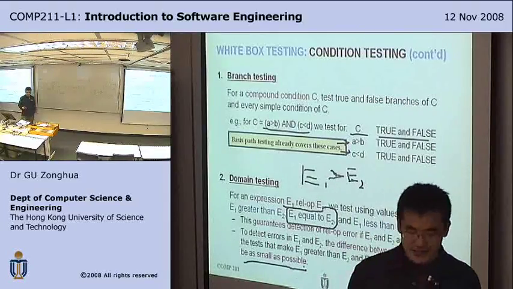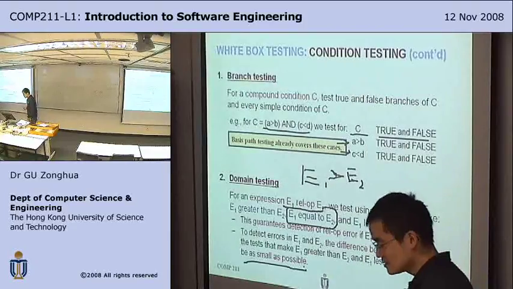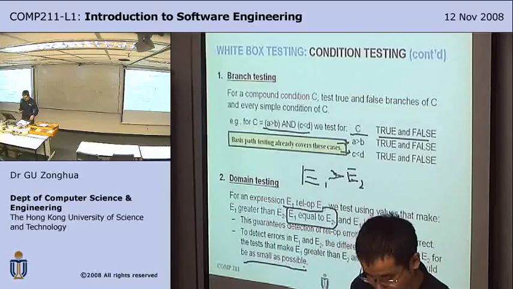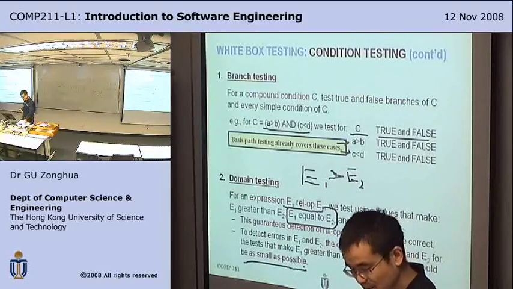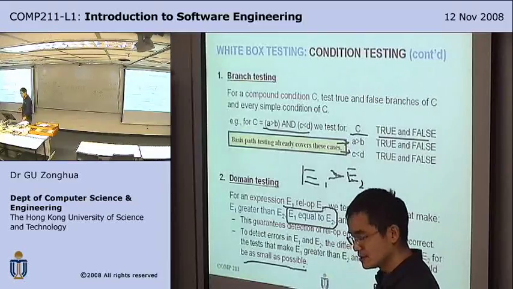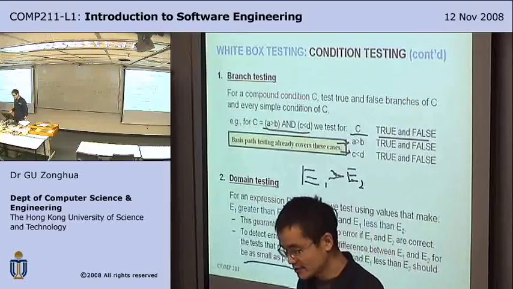That is, if they're integers, you should try to make them off by 1. If they are floating points, you should try to minimize their differences. The reason is that the smaller the difference is, the more likely you're going to encounter the error condition.